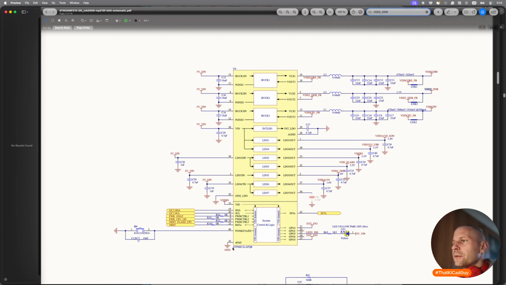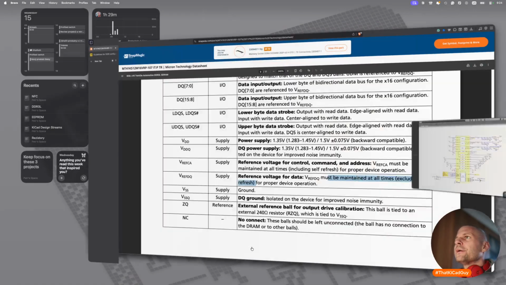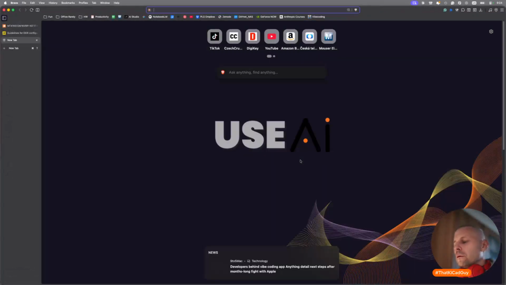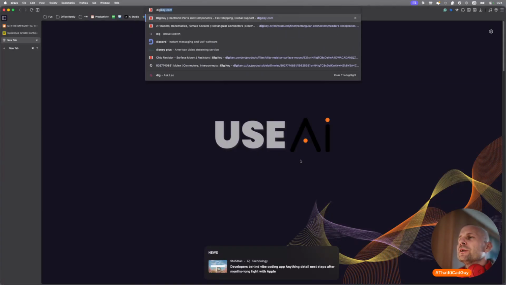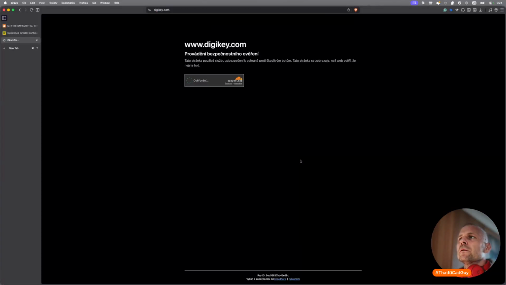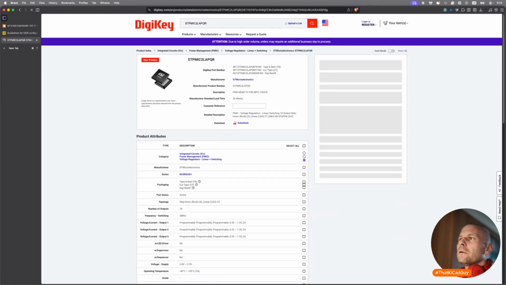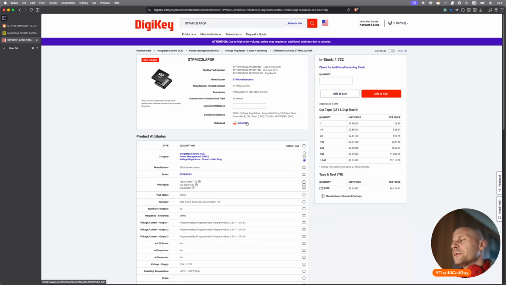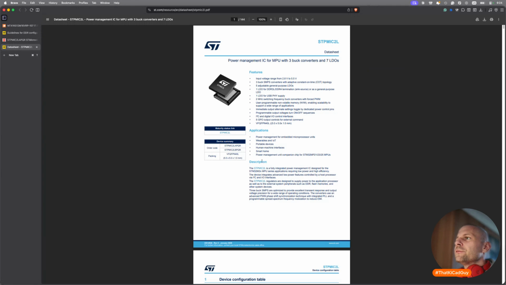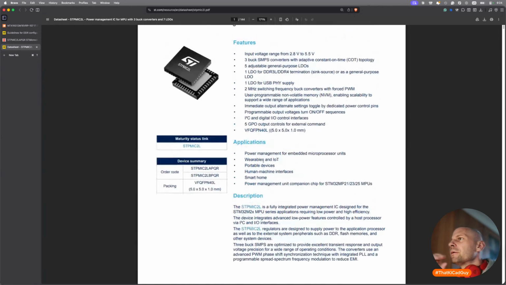Okay, we have to check this datasheet. If we can change the, yeah, probably yes, probably there is a reference voltage input. I could open the datasheet from the KiCad, but never mind.